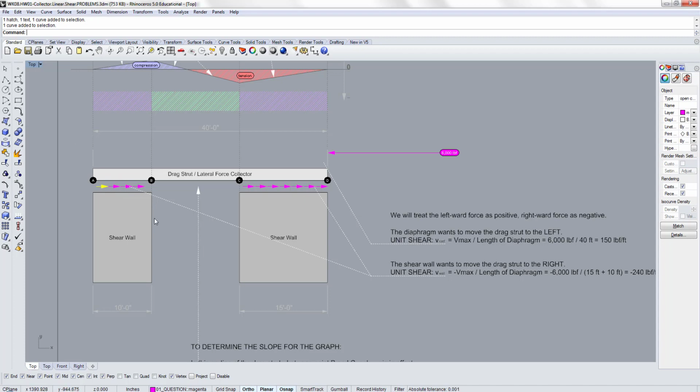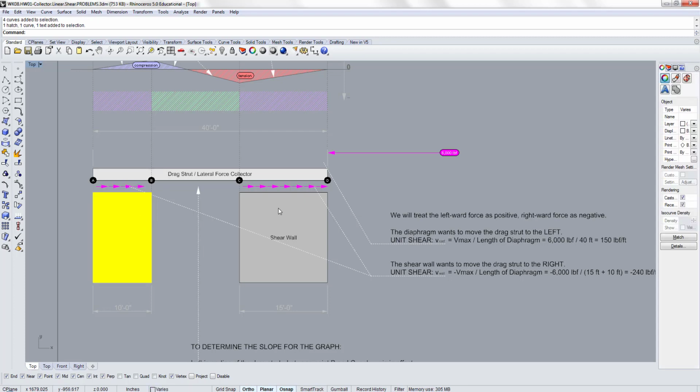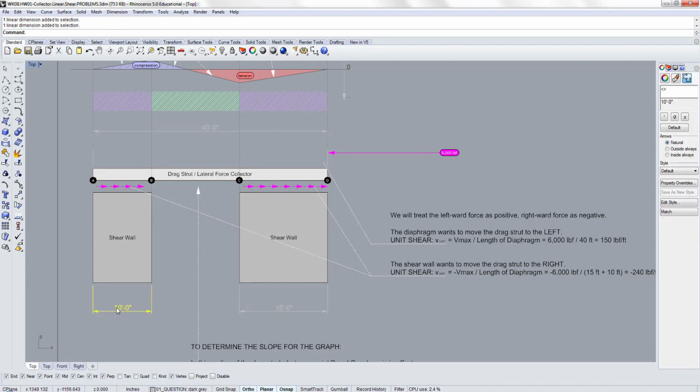So in order to calculate the unit shear, again, it's about the contact area between the wall and the beam, right? If you look at where the wall is touching the beam, it's only in this length plus that length. So what matters is the total linear length of the contact between the shear wall and the drag strut.